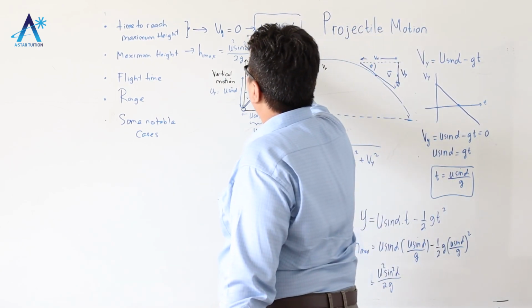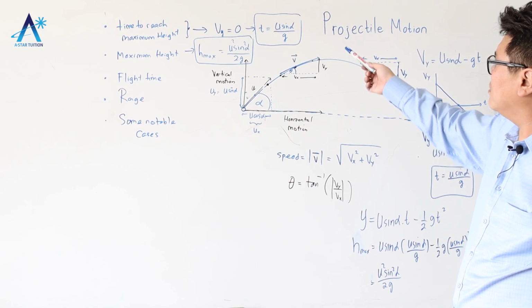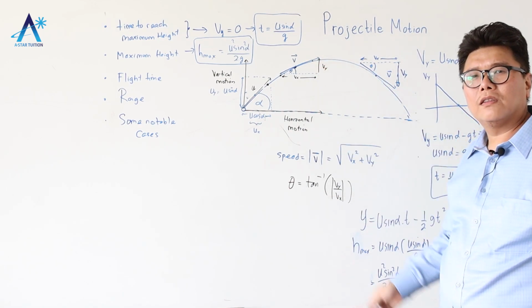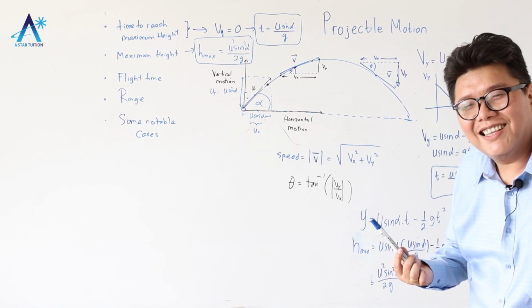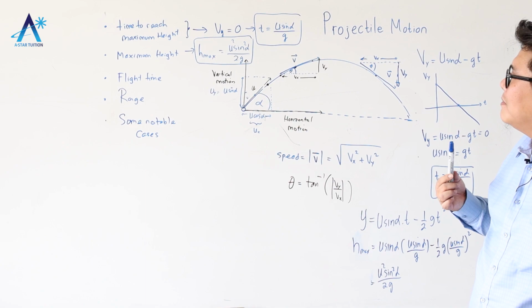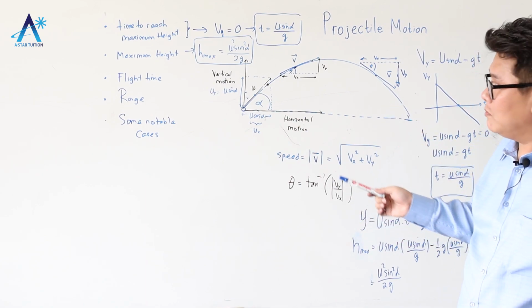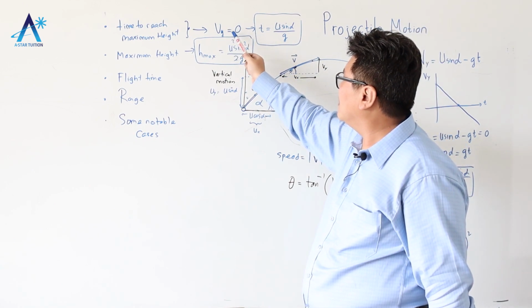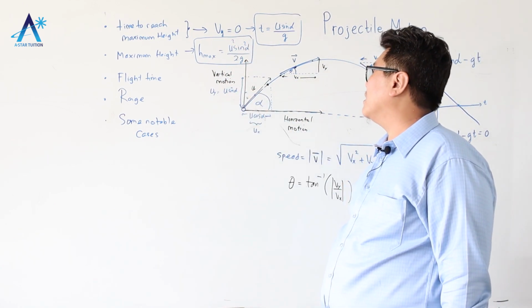Now I want you to understand though that even though this formula looks not too difficult to memorize, you're not supposed to memorize it. What you need to understand is how to find the time to reach maximum height, which is given by this condition, Py equal to 0, and also how to find the maximum height itself.